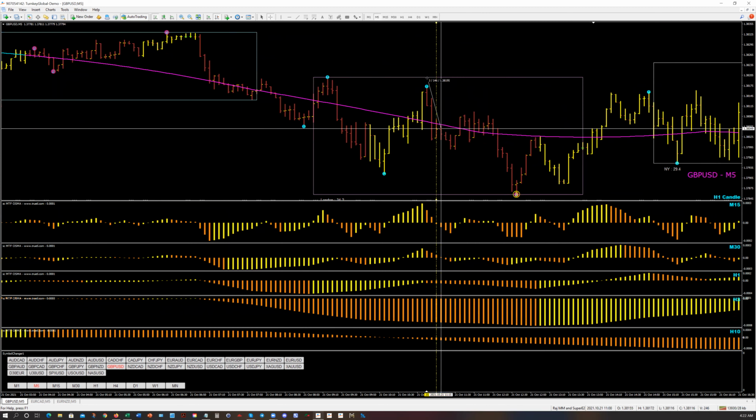Stop loss is 15 pips. And I make 15 pips. So this was probably a one lot trade for $150. This is a 1-to-1 trade.